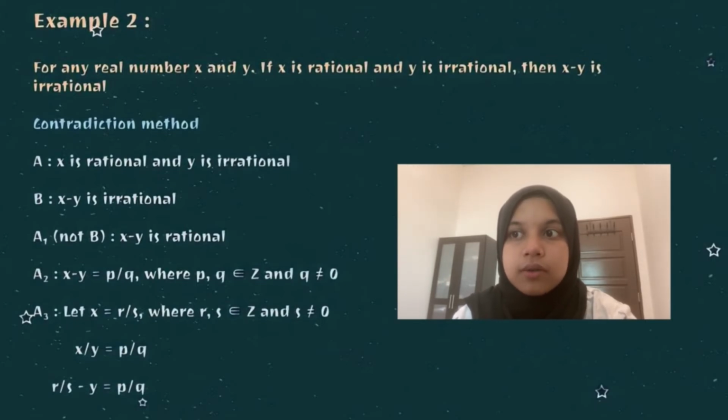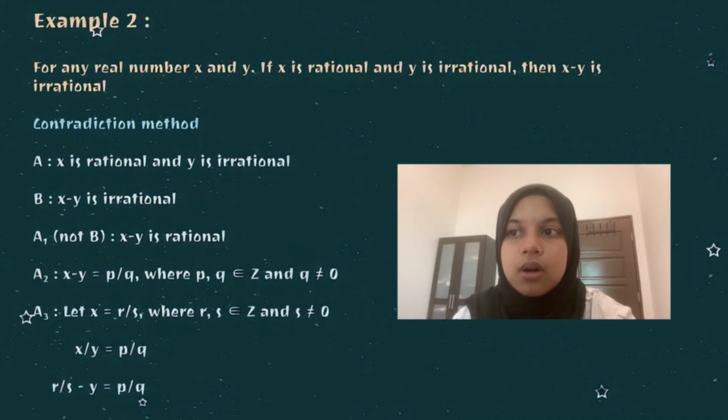So if rational, we must use p over q, where p, q are elements of Z and q is not equal to 0. A3: let x equal r over s, where r is an element of Z and s is not equal to 0. We must use this because it is rational.